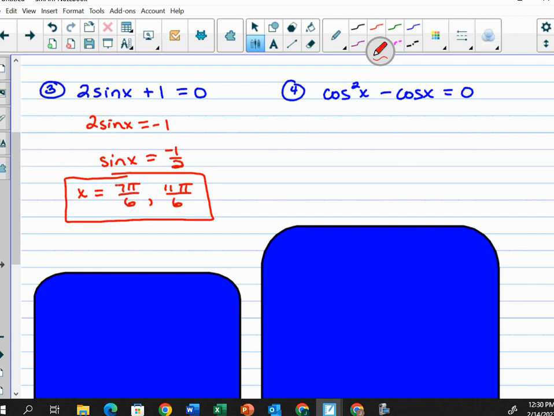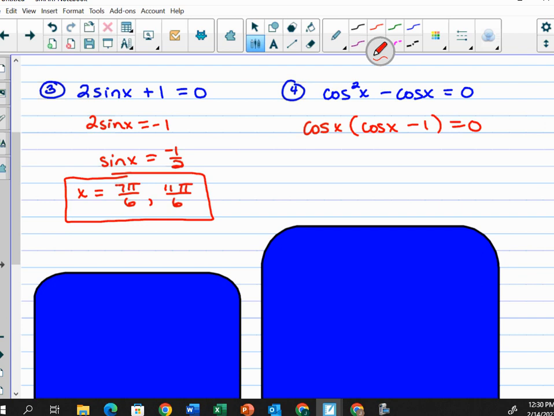Remember how I always say factoring never goes away? That's because we're going to factor again. What can I factor out of both of those? A cosine. Cosine x. What would be left in parentheses? Yes, cosine x minus 1. Okay, what do I do once I've got it factored?